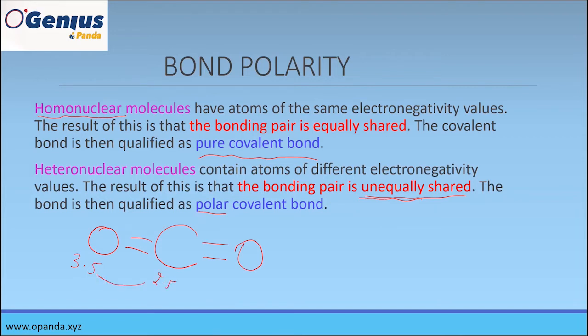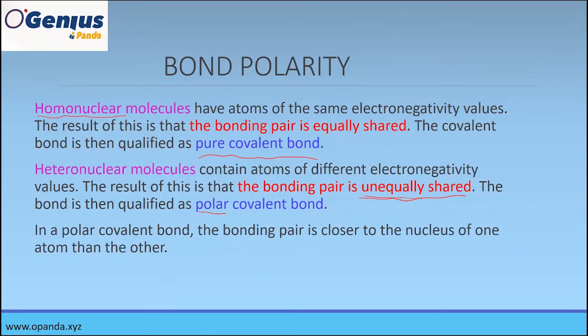You can see we have a very big electronegativity difference, showing that this oxygen, which is more electronegative, will pull the bonding pairs towards itself more than the carbon atom can, because carbon is less electronegative than oxygen. So the bond becomes polar.